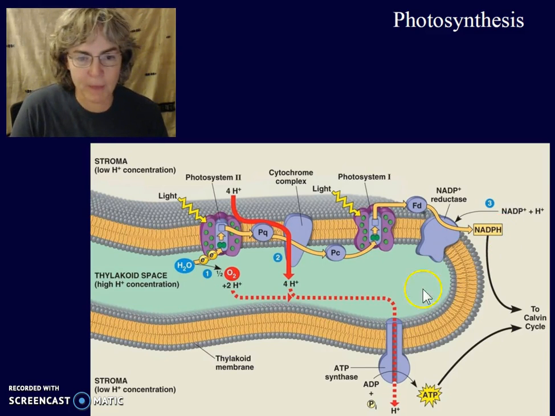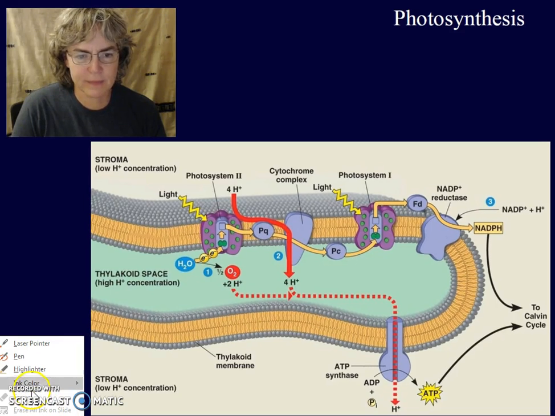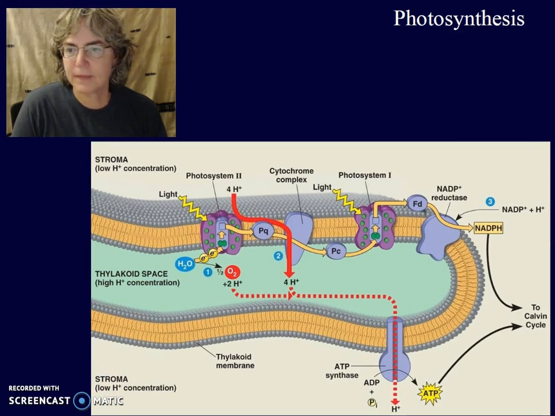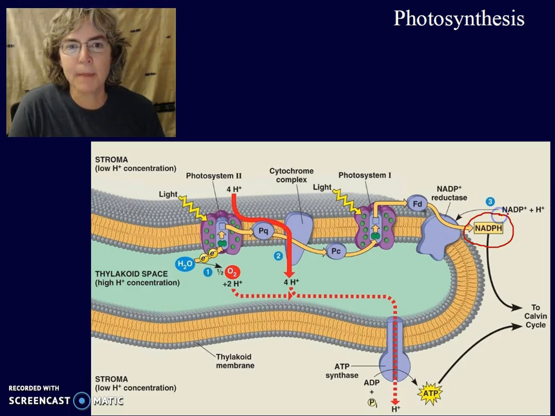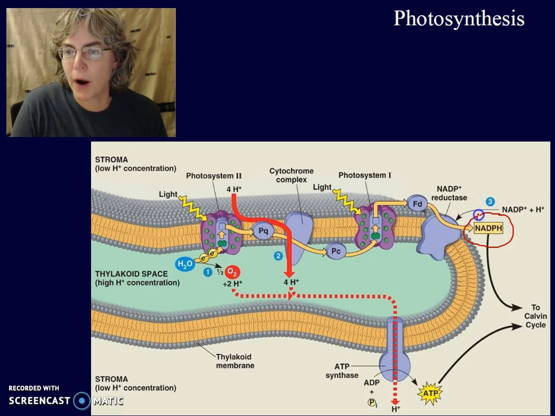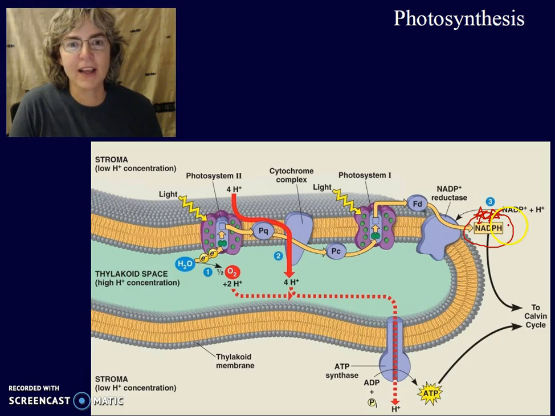So let me get my pen. So this molecule right here, NADPH, this is where our stars of the show end up, our high energy electrons.